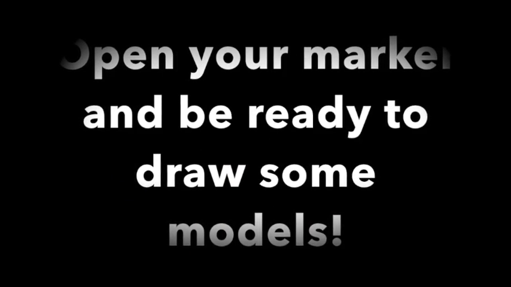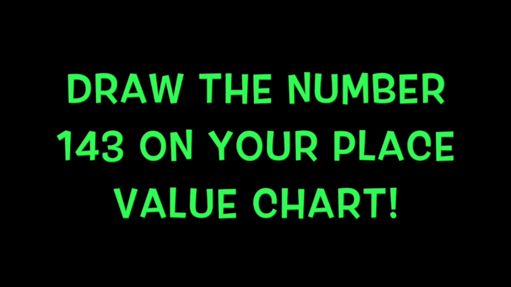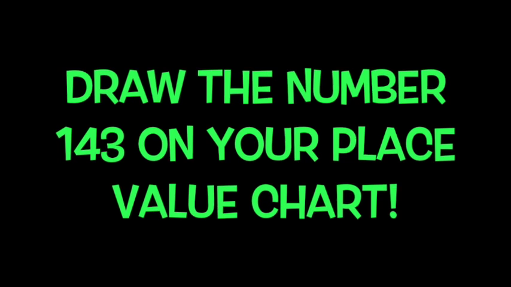Open your markers and be ready to draw some models. Using your place value discs, I want you to draw the number 143 on your place value chart. Make sure you have 1 hundred in the hundreds place, 4 tens in the tens place, and 3 ones in the ones place.